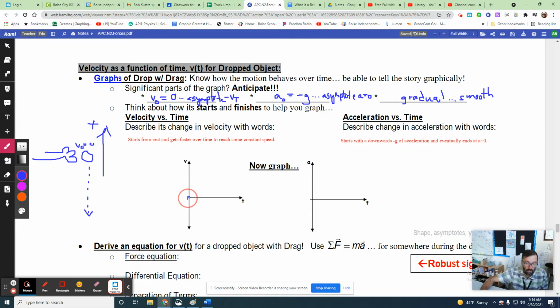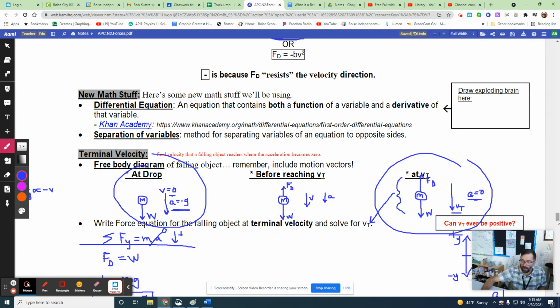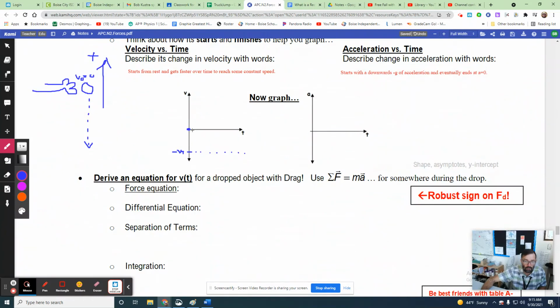So we're going to say it starts here, and there's going to be maybe some negative VT, some terminal velocity that depends on the mass of the object and its shape and the fluid it's falling through. Okay, and so we're going to make an asymptote line here. Okay, and so it's going to start at, well, what's the slope? It's a negative g initially, right?